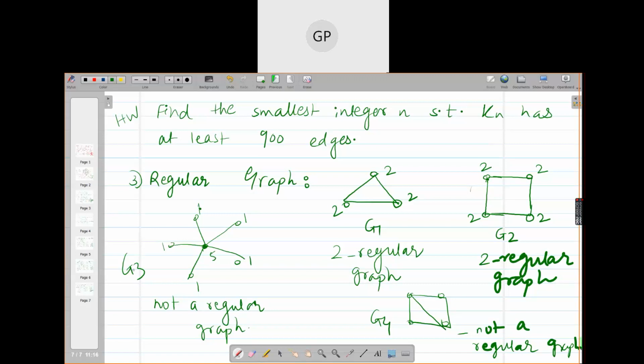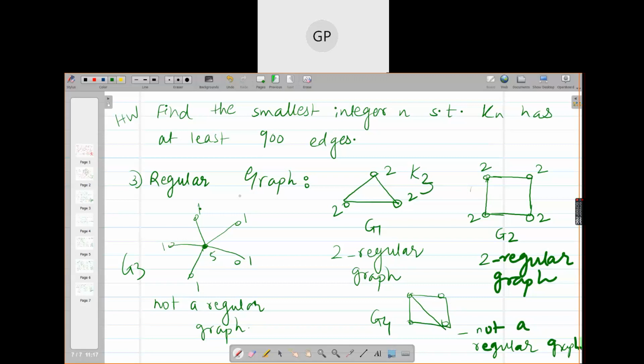So can you say that a complete graph is a regular graph? Yes, because this G1 what I have drawn is nothing but K3, a complete graph on 3 vertices, and the degree of each vertex is 2.